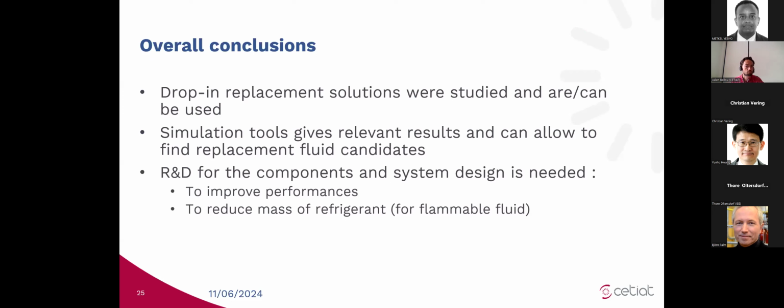I don't say it's easy, but with some optimization on the components, you could really achieve pretty good performances using a small amount of propane. And I think for other flammable refrigerants, the question could be the same.